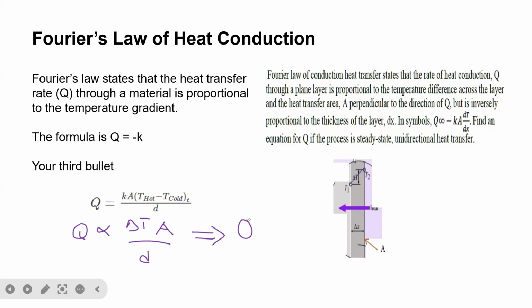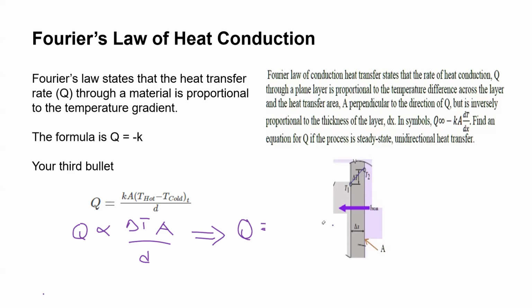So that is why now here we are going to have Q is equal to K, where K is the constant, times delta T times area. Let me clean this so that I can write it correctly.